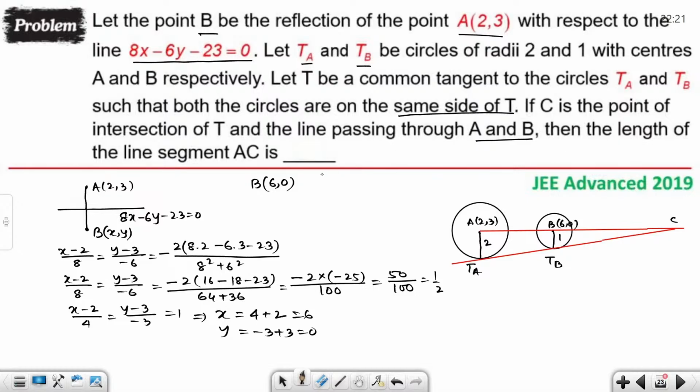Now, you have to find out the length of the line segment AC. That's it. That's the question. See how simple it is.